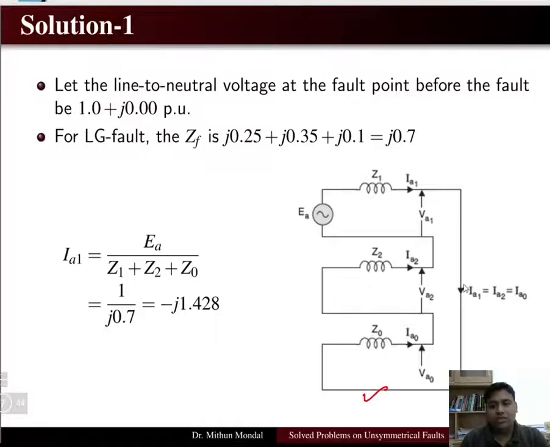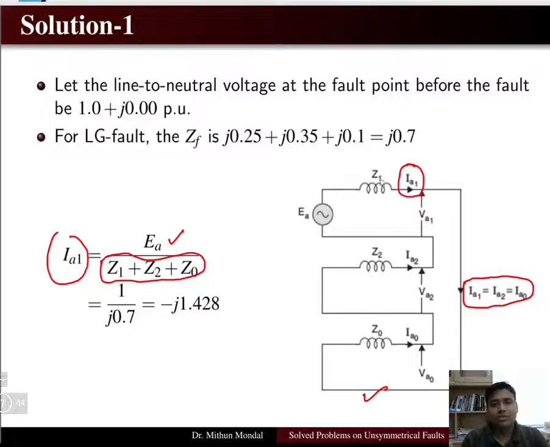We have seen that all the sequence components of the current, zero sequence, positive sequence and negative sequence, will be equal. Then in that case we will first calculate the value of the positive sequence component of the current. So the positive sequence component of the current is equal to the pre-fault voltage EA divided by the sum of the reactances or impedances involved, that is the positive sequence, negative sequence and zero sequence, because this is the total Z equivalent of the series circuit.